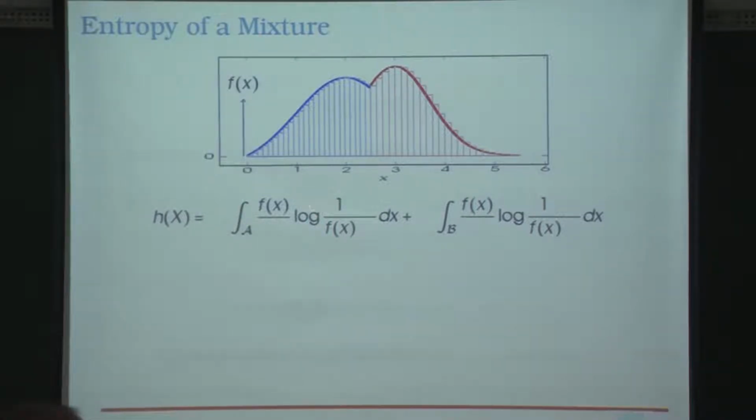So what we do is we just look at this integral on the portion A, the A portion is the blue portion, B portion is the red portion. So you have the same integral, fx log 1 over fx dx. I put a line because I want to add additional things in the next slide, that is why I put a line and a bottom empty here. Okay, is that clear?